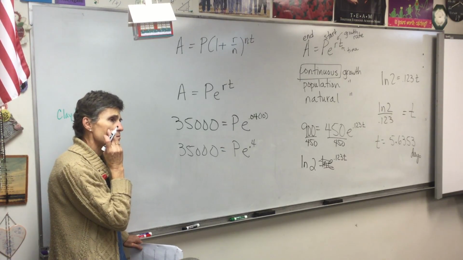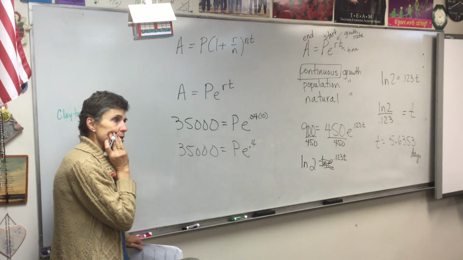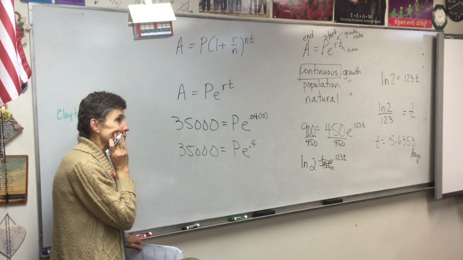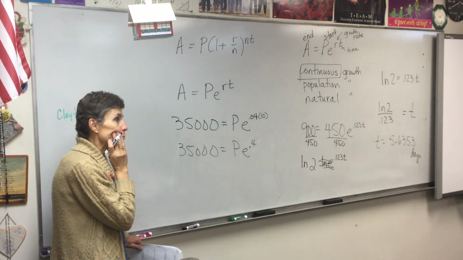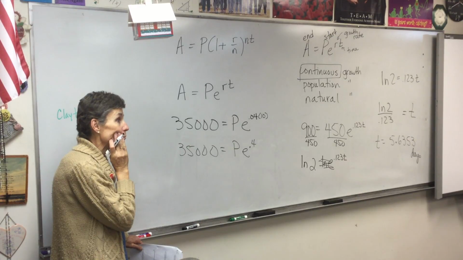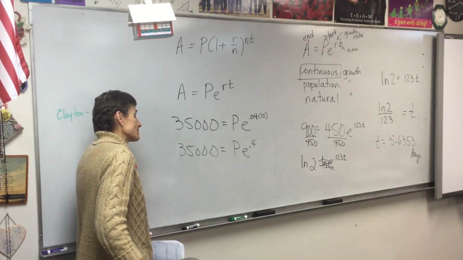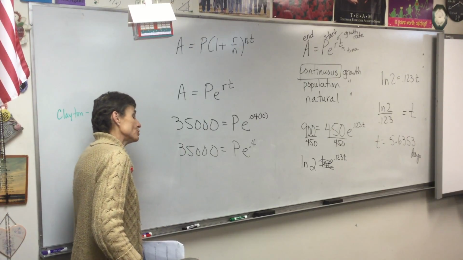What do you think? Robbie? It's sort of like a wild guess, but would you raise 35,000 to the 1 over? That is an awesome guess. No, you don't do that.